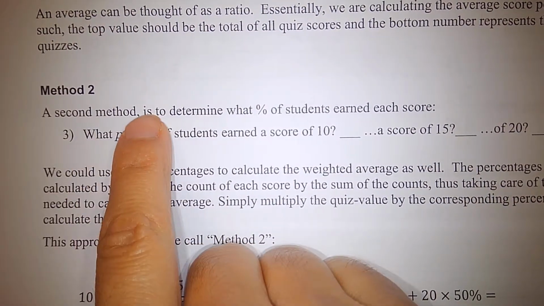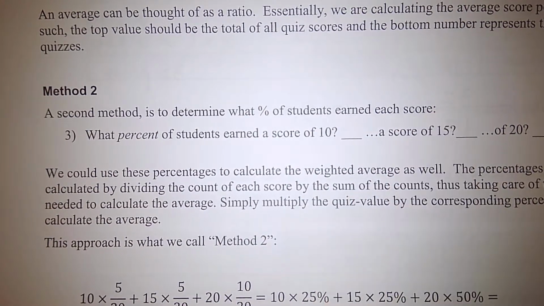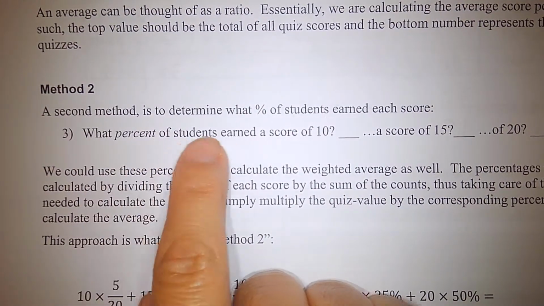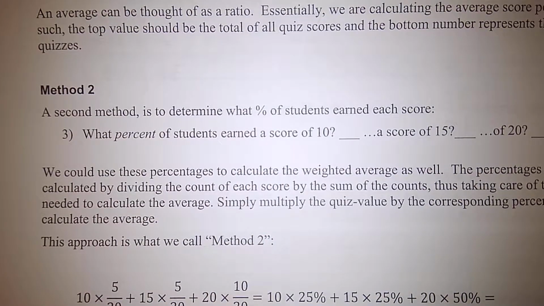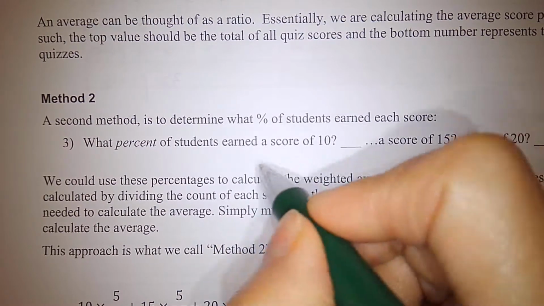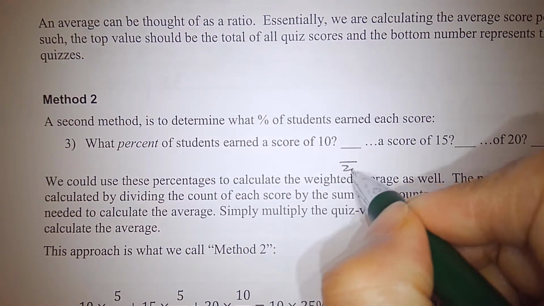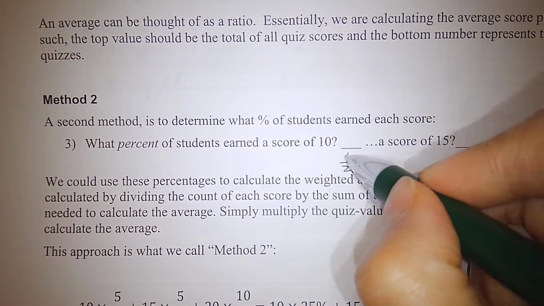Our second method is to determine what percent of students earned each score. What percent of students earned a score of 10? There are how many scores in total? 20 scores in total, right? So out of the 20 scores, how many 10s do we have? 5.